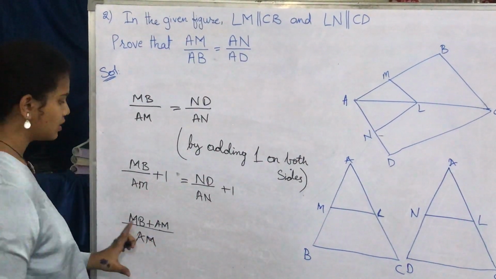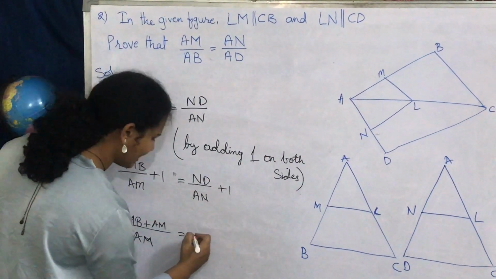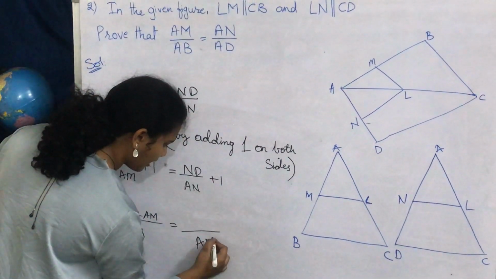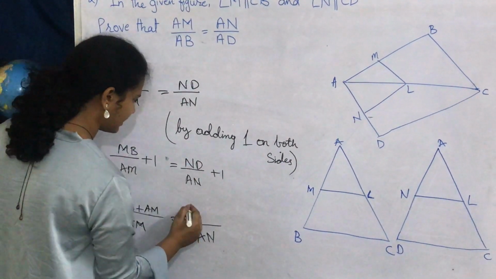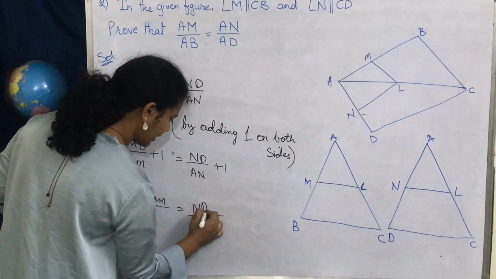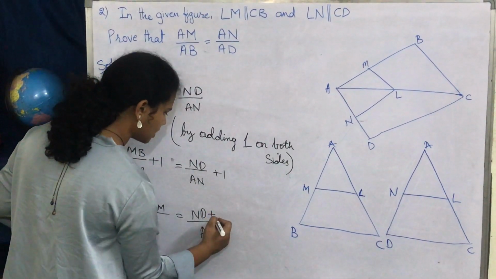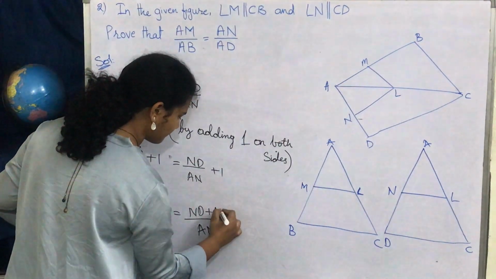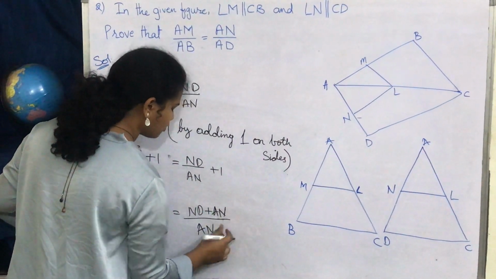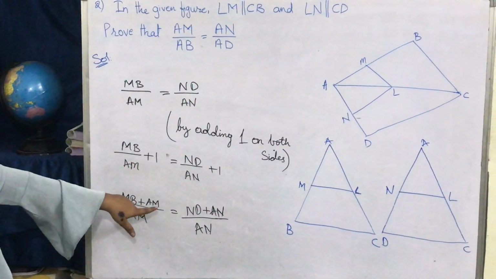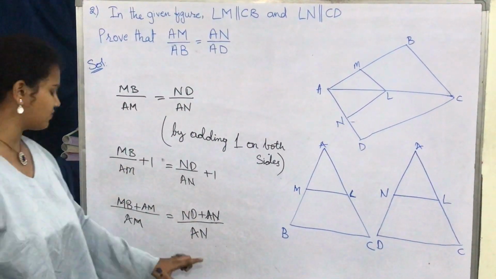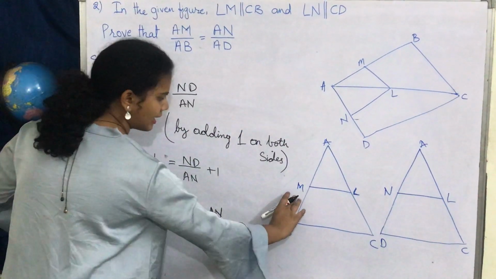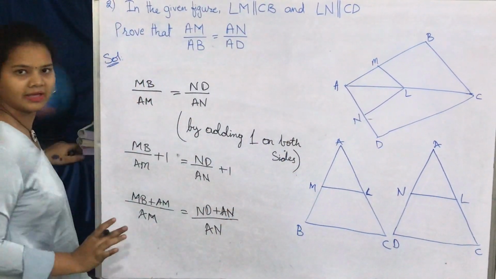Clear till here? Now if we take LCM for AN and 1, we get AN. So we can write ND plus AN. By having this, we get this equation. Now we know that MB plus AM gives AB, right?